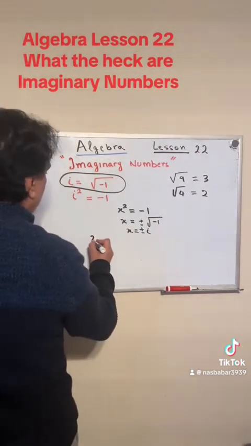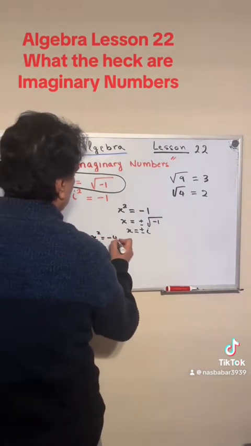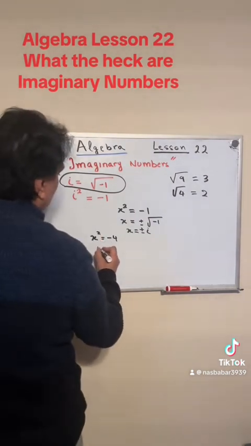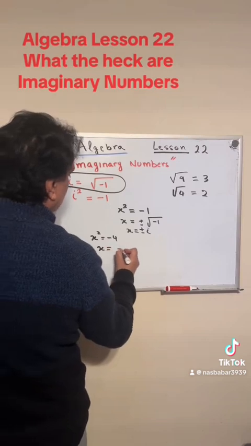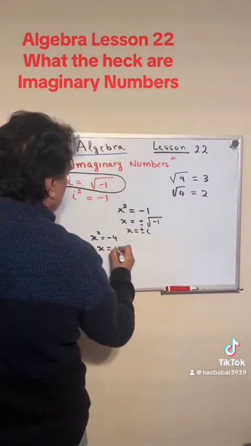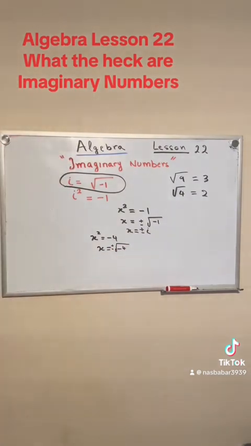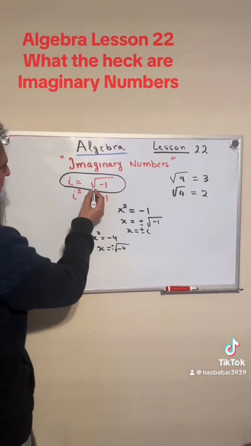Let's say you have x squared is equal to negative 4. Same thing, you take the square root of both sides, isolate x, and then you get under root of minus 4, and you have plus and minus. All right, now we already know that i is equal to under root of negative 1.